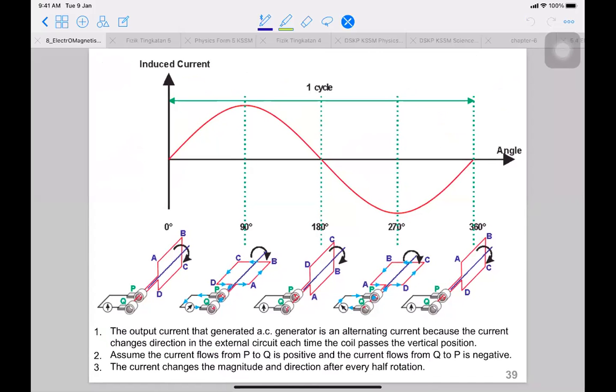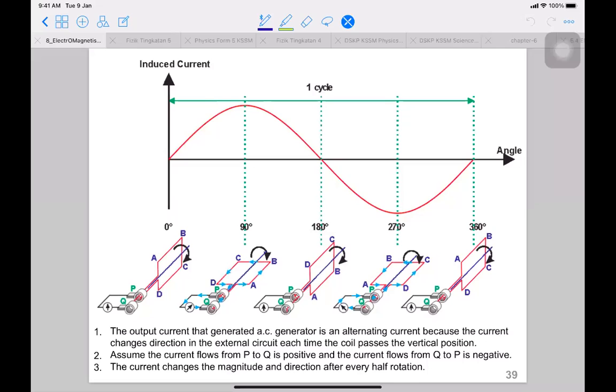Okay, so graph for AC generator, because the word alternating kan, alternating means back and forth. Back and forth. The signal will be back and forth. Unlike DC generator, which only flows in one direction only, which is the positive direction.